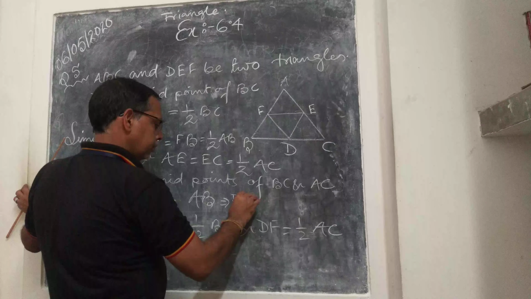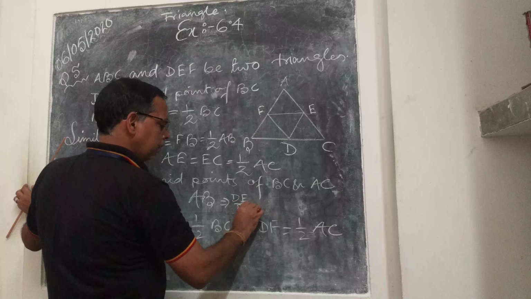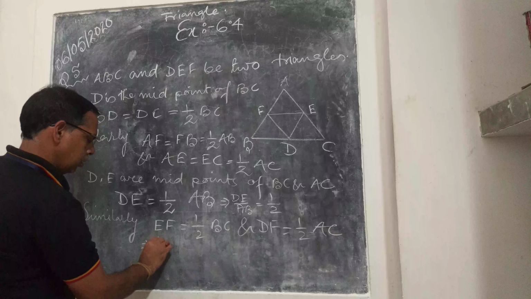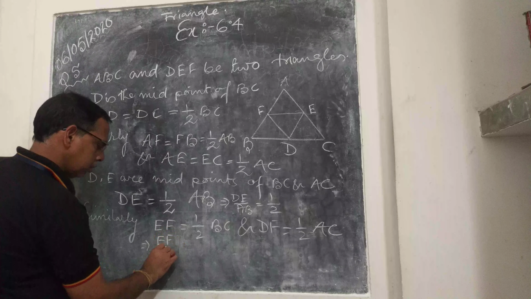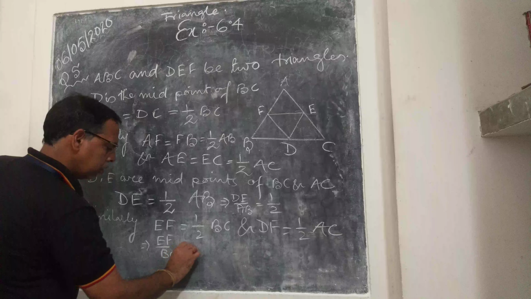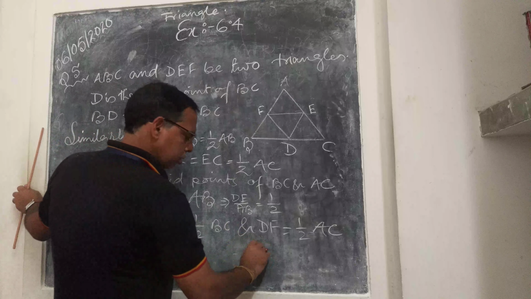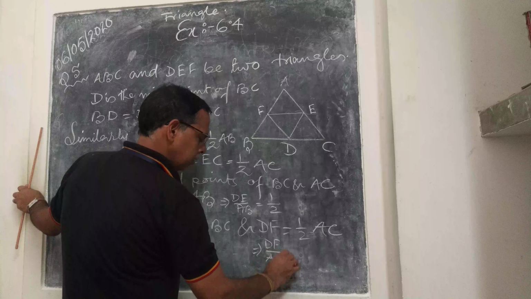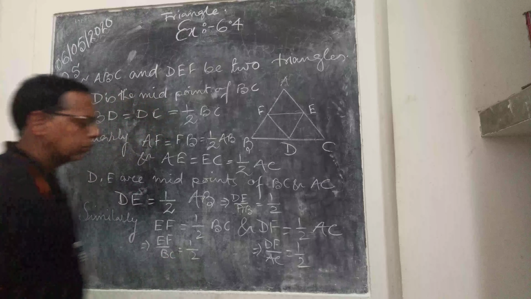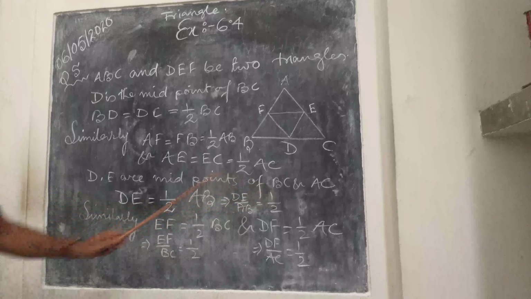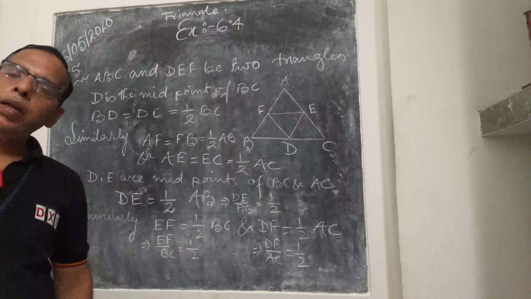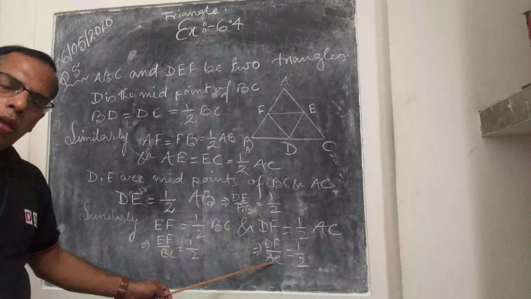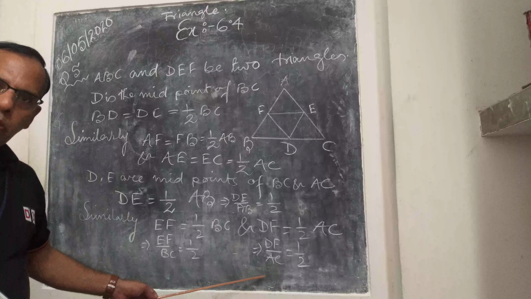Then DE by AB equals half, EF by BC equals half, and DF by AC equals half. See, this is half, this is half, this is half. Then by the rule, all these ratios are in equal proportion.